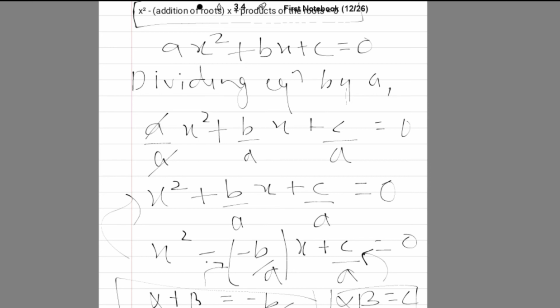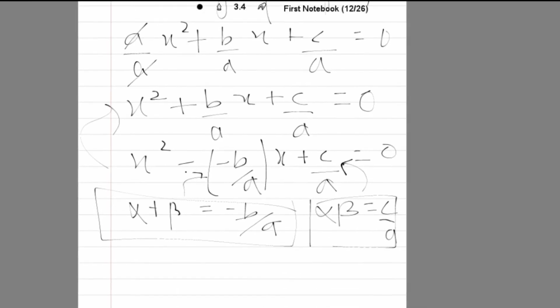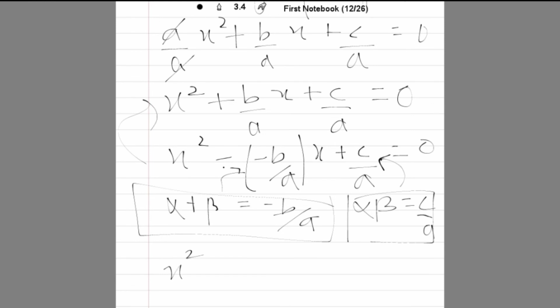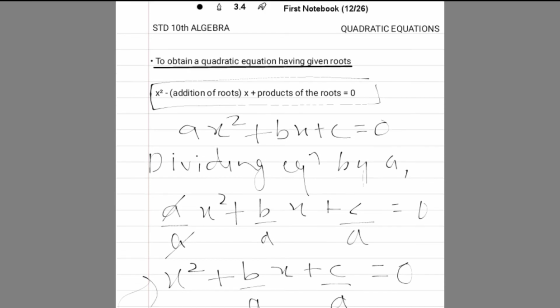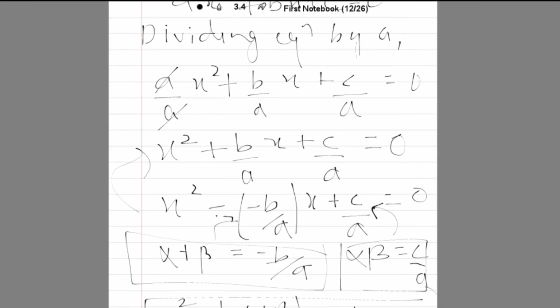So what we get is x square minus alpha plus beta into x plus alpha into beta is equal to 0. This is the same thing which they have given us above, that is x square minus addition of the roots into x plus product of the roots is equal to 0, and this is the same thing which we have proved. So this is how we got this relation, and this is how we can form the quadratic equation when the roots are given to us.